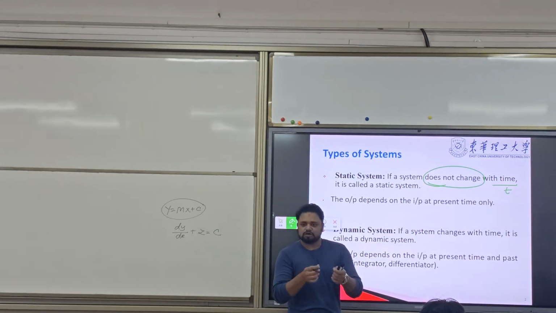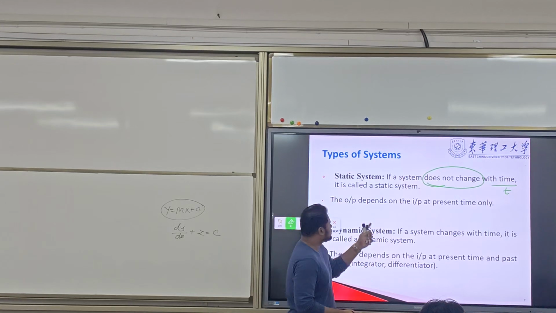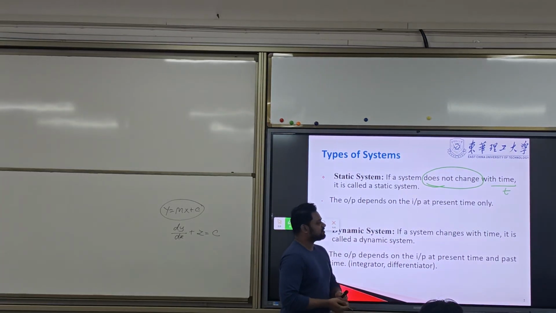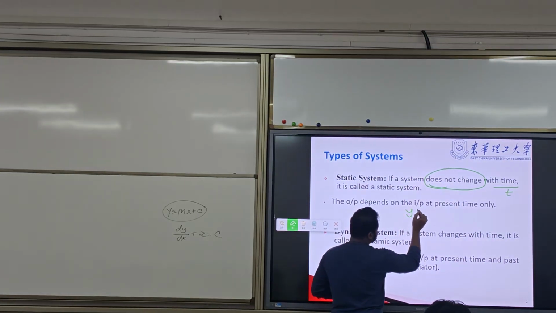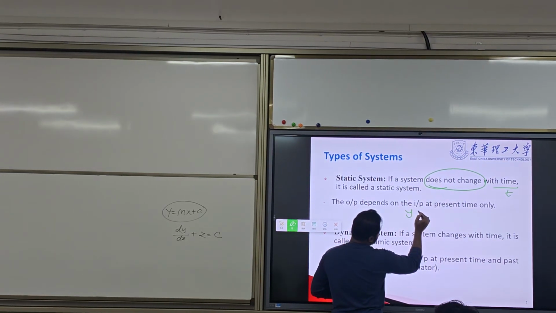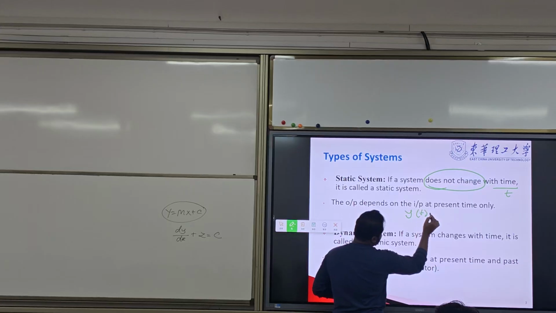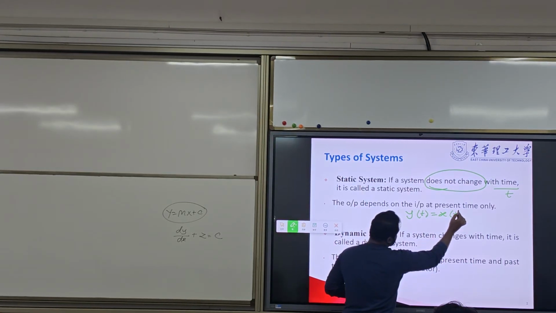It just depends on the present input. The output depends on the present input. For example, y(t) equals x(t).